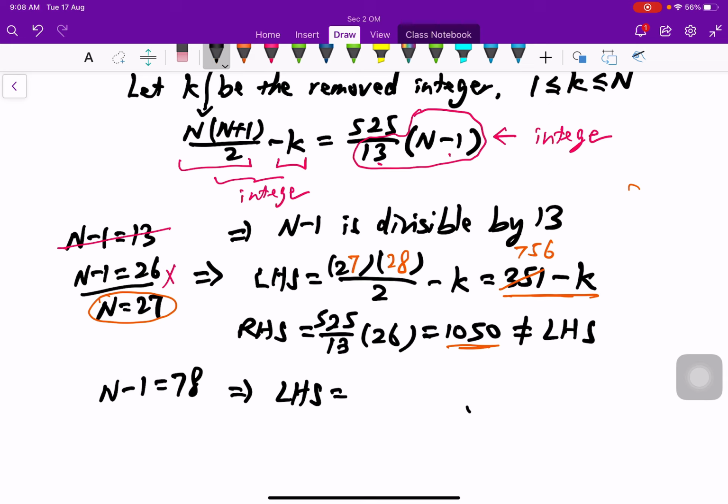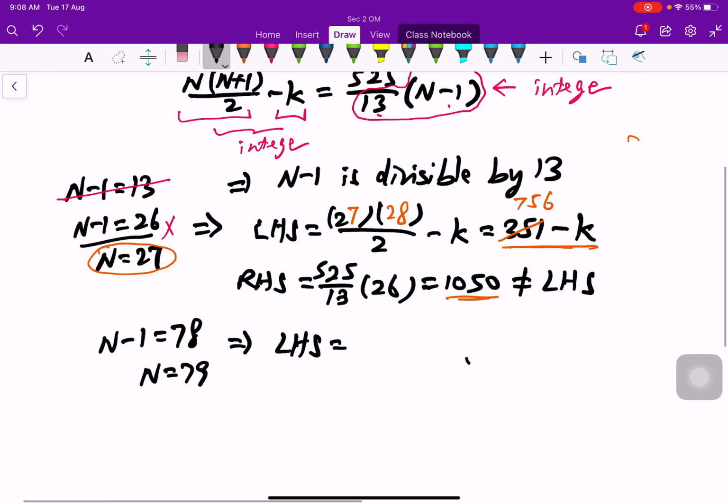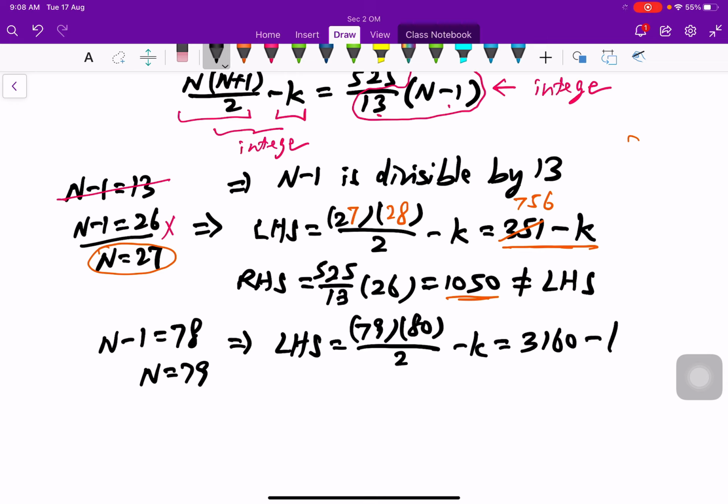Okay. Then can you see that when your n minus 1 is equal to 78, therefore n must be 79. Therefore, the left hand side is 79 multiplied by 80, divided by 2, and then minus k. That will be 3160 minus k.